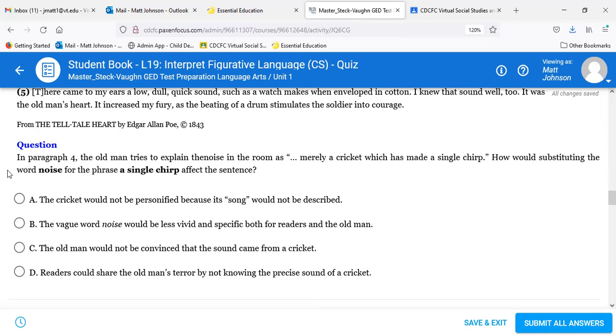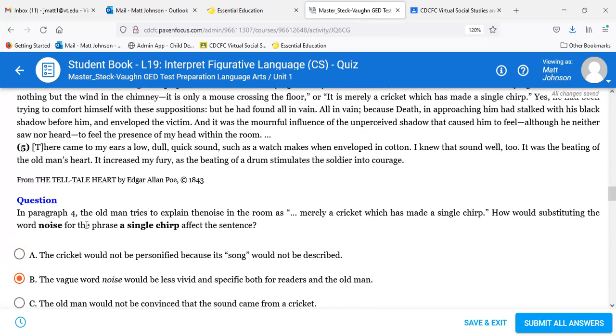And also a little bit confusing, right? I mean, a chirp is an example of onomatopoeia, right? It's the sound that the cricket is making. It's chirping. It makes a chirp-like sound. Otherwise, if it said merely a cricket which has made a single noise, well, that could be anything, right?